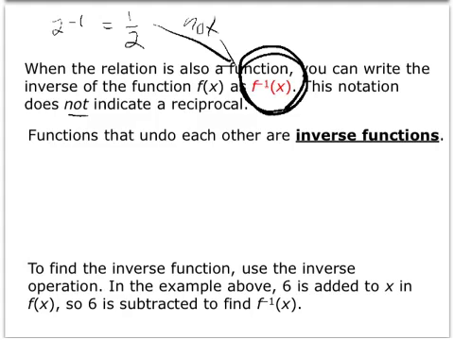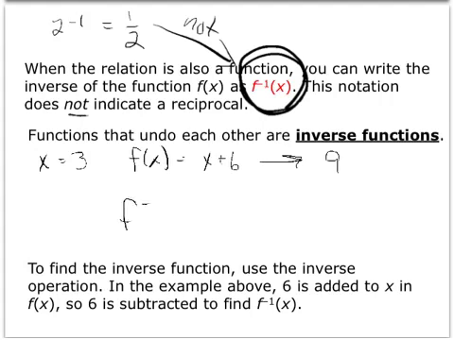Really basic example here. If you have the function f of x equals, let's just say, x plus 6. If I input x equals 3 for x, my output would be 9.